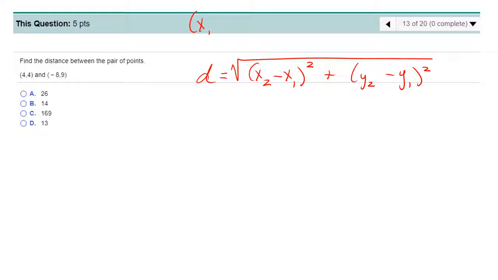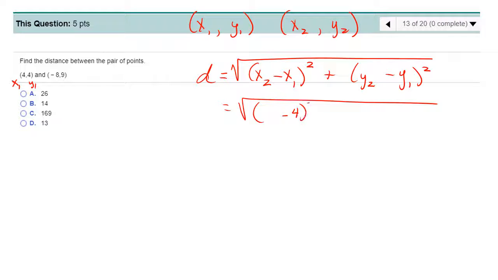And that's where you start off with 2 ordered pairs, x1, y1 and x2, y2. Now what I normally do is label my numbers. So the 4, 4 would be the x1 and the y1. So I would go ahead and plug in a 4 everywhere there's an x1 and everywhere there's a y1. Use the rest of the symbols the same as the formula.